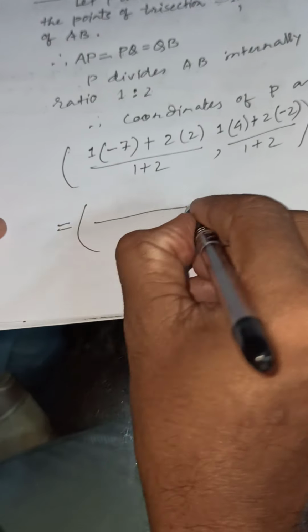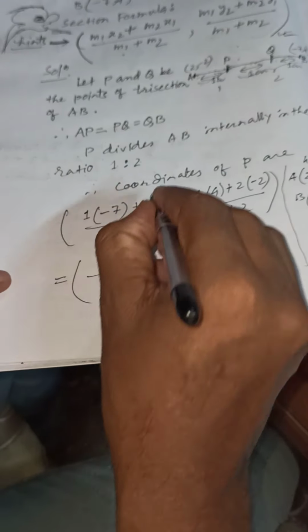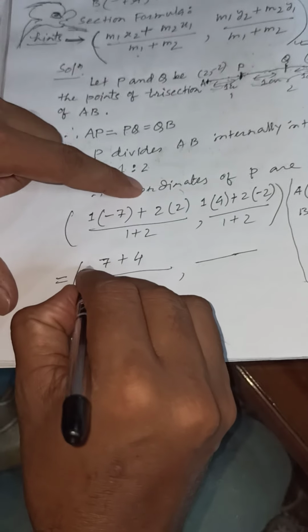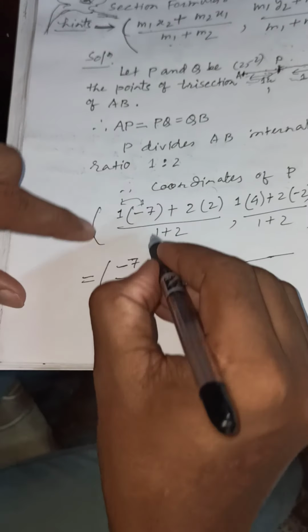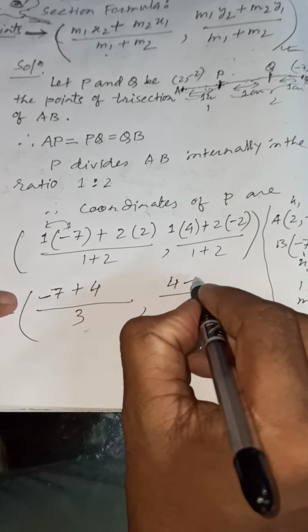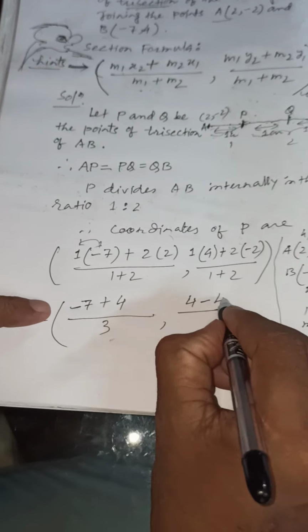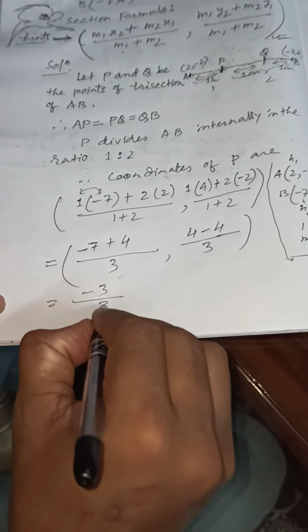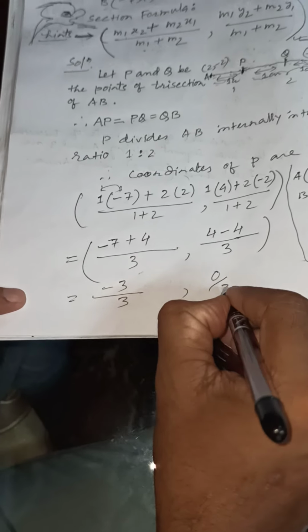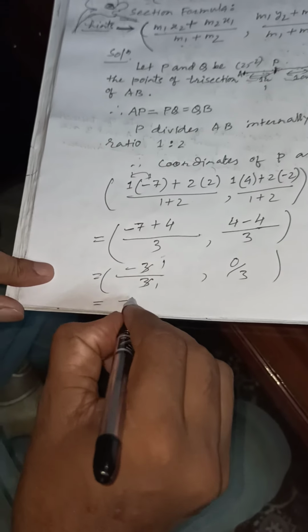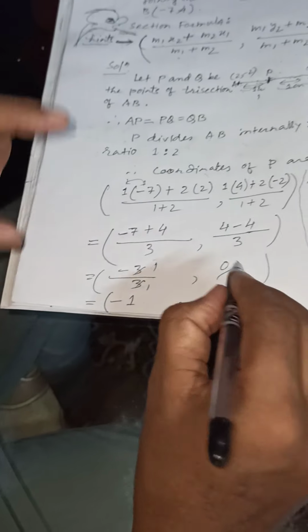You can also do this directly. This equals (-7 + 4) by 3, and (4 - 4) divided by 3. So this equals -3 by 3 and 0 by 3. Cancelling, that is -1 and 0. So one point we have got.